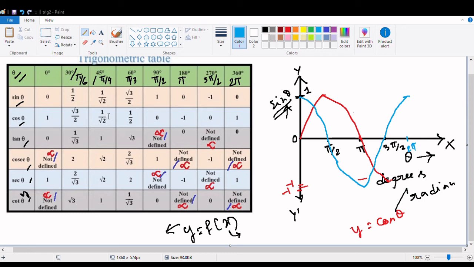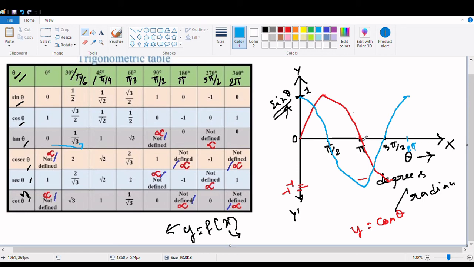In a similar way, if you want to plot the cot graph, cot x. So you guys know that the sine graph and cos graph are actually reverses. You see here, tan theta, I'm getting the value in this direction.